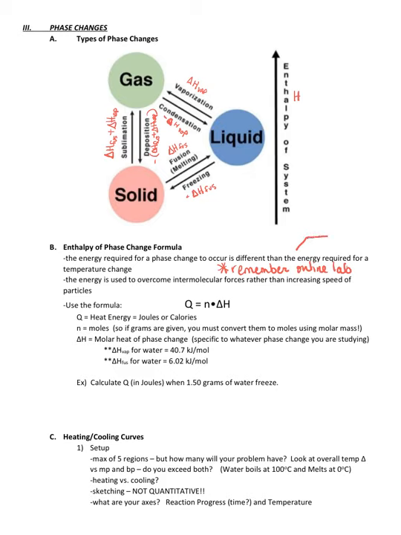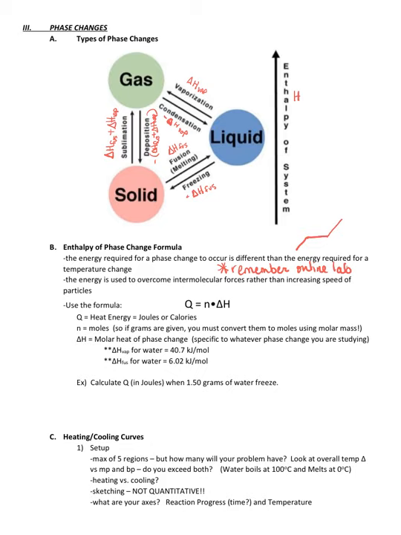Sometimes it would flatline, or what we call hit a plateau. And that's because at certain points it would involve a phase change. It would hit its melting point or its boiling point. And once it was done with its boiling or melting, it would continue on to heat up. And so if you don't have a temperature change, you can't have a delta T. So you couldn't use that equation, Q equals mc delta T.